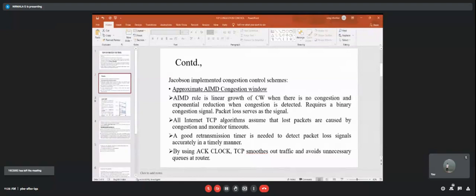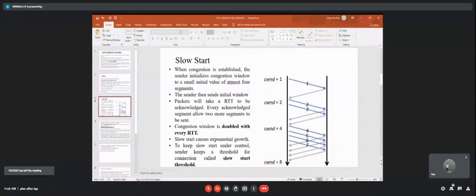With the slow start congestion control mechanism, see what we discussed now is the AIMD rule. This is the slow start mechanism, one of the congestion control mechanisms used with TCP. So what is this slow start mechanism?